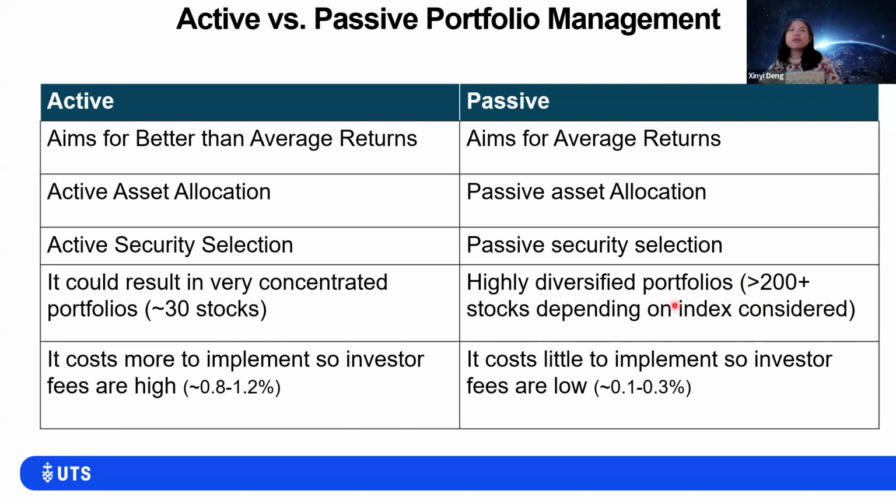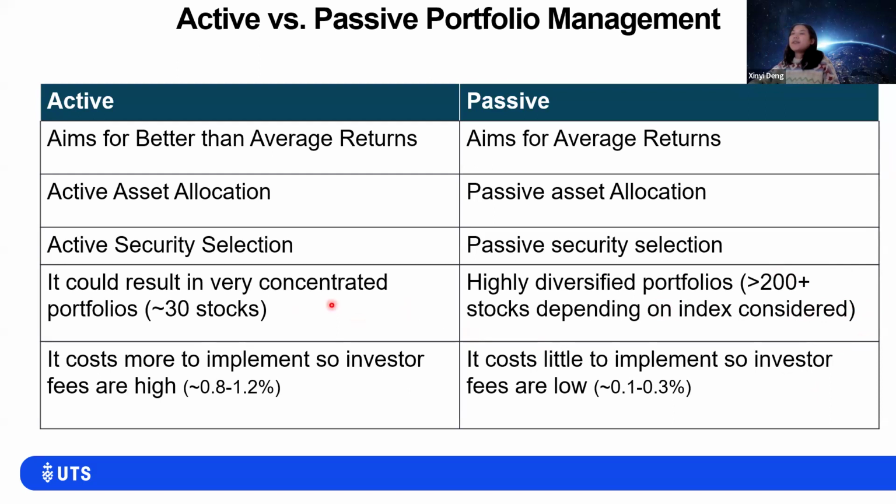So in other words, we tend to have highly diversified portfolios for passively managed funds. And if we are talking about passive equity portfolios, then such portfolios tend to contain more than 200 stocks. And of course, the exact number would vary depending on the index considered.